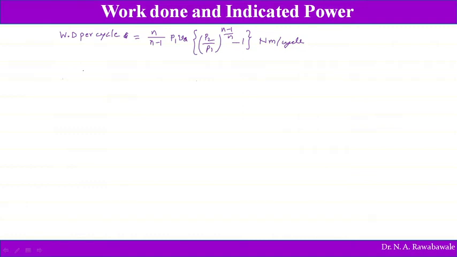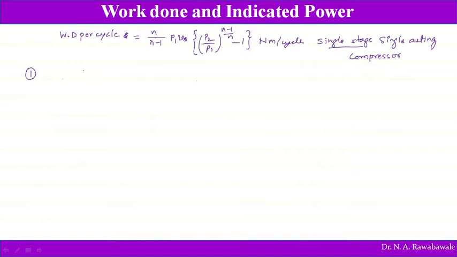This we have derived. Now first case we will consider here. Theoretical work done is known to us. So this is theoretical work per cycle in case of a single stage, single acting compressor.